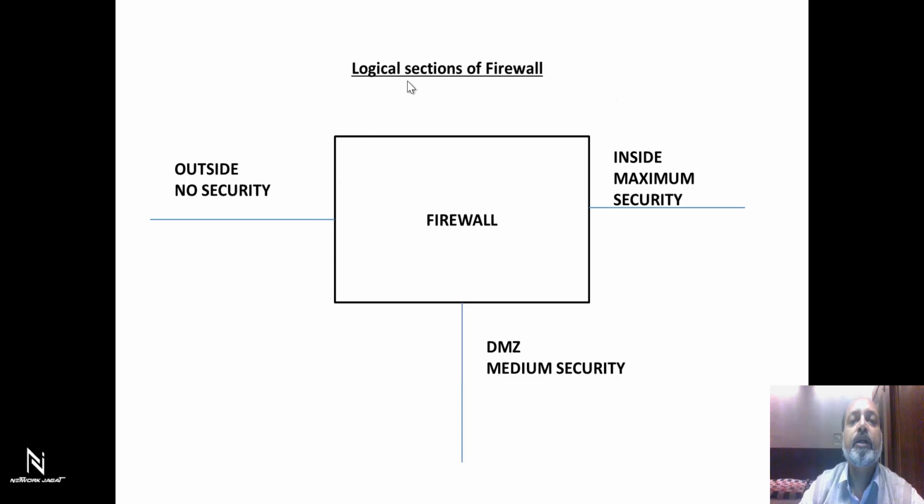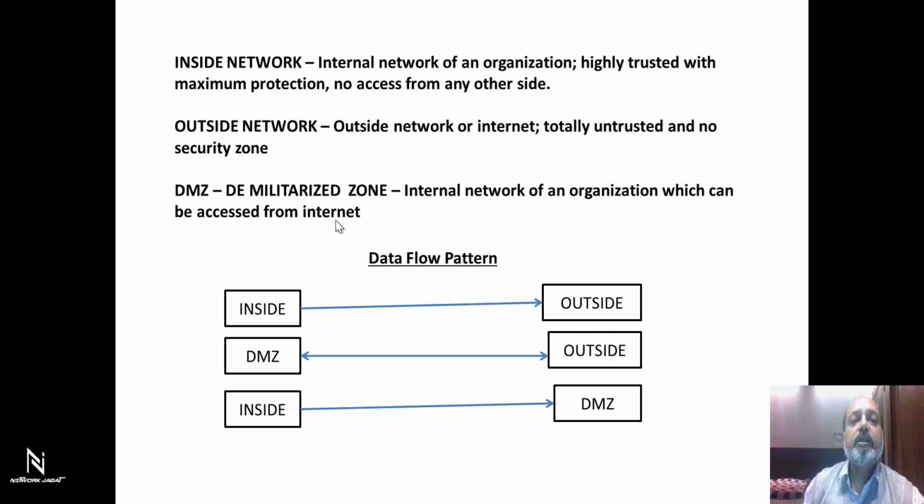The organization perimeter ends here, not here, not here, right? The firewall itself is included inside the organization, and the perimeter ends where the firewall touches the outside zone, right? So definitely the DMZ is an internal network of an organization which can be accessed from the internet, right? I just discussed that point a little while ago.